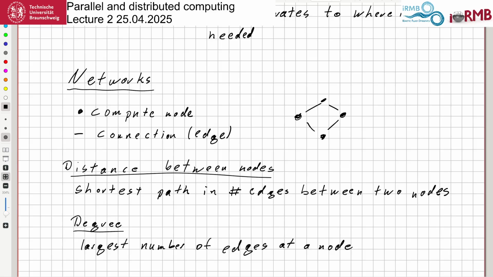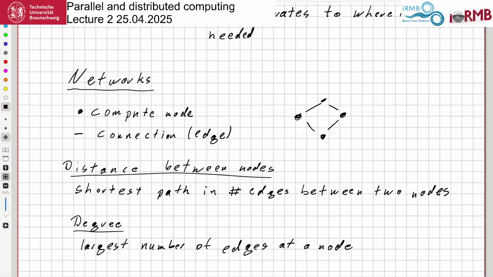For example, there are star networks, where a server is individually connected to say 20 computers. Each of these computers is only connected to the server and not to anything else, but still the degree of this network would be 20, because the node with the most connections has 20 connections.